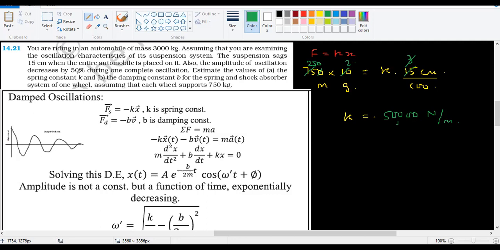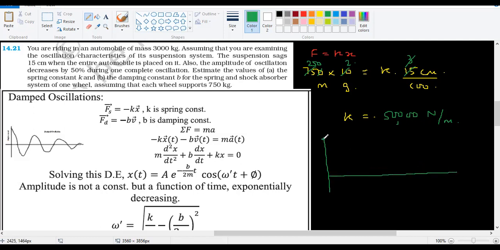Log T, log 2 I can use. So what we can do here is, they said that the amplitude is decreasing 50%. So that's a clue.